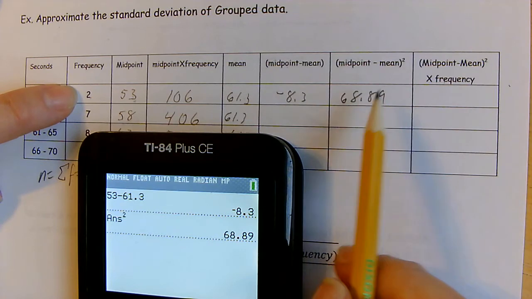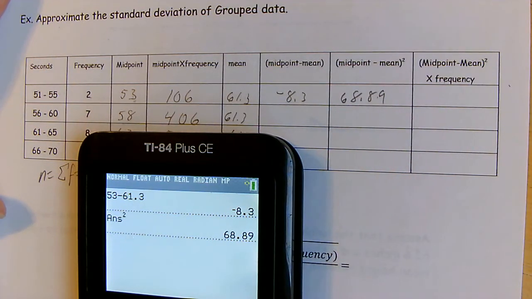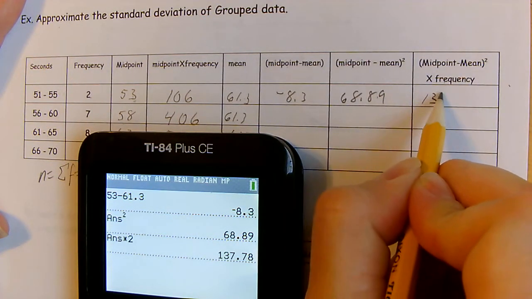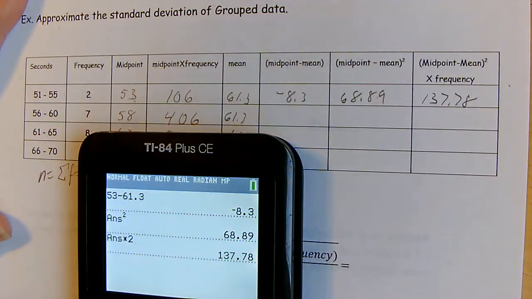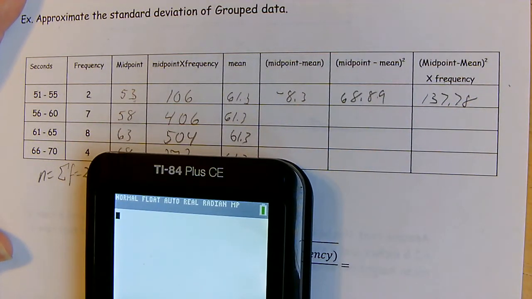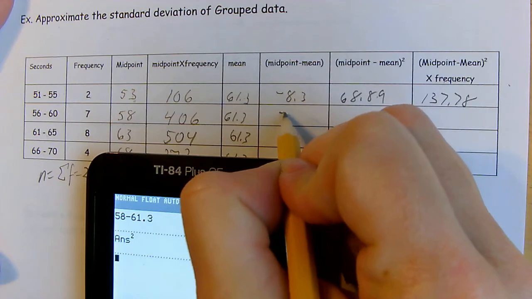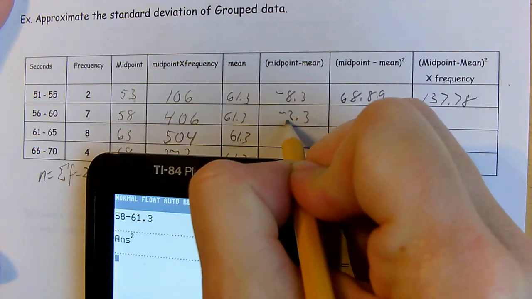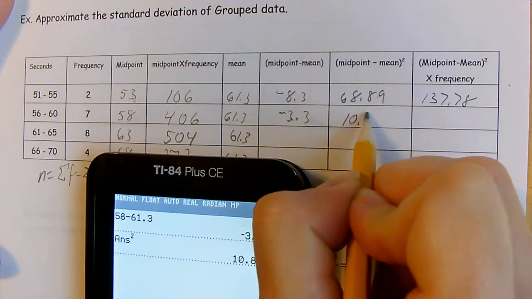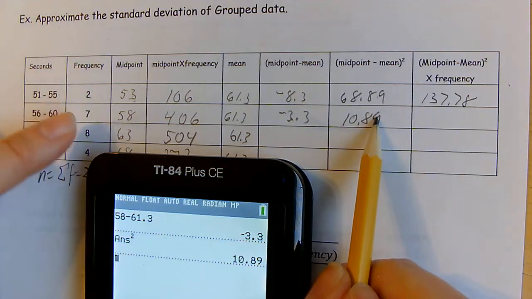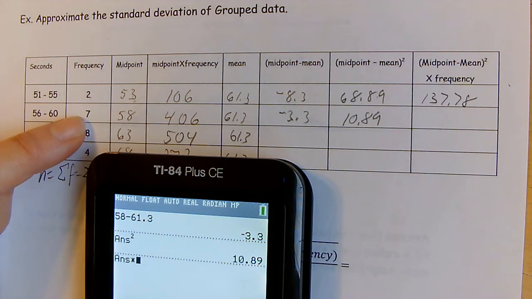Then times the frequency. Times this frequency of 7.